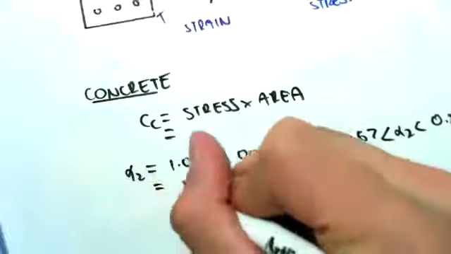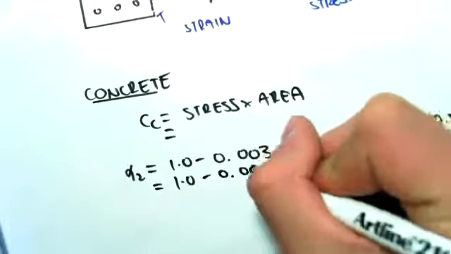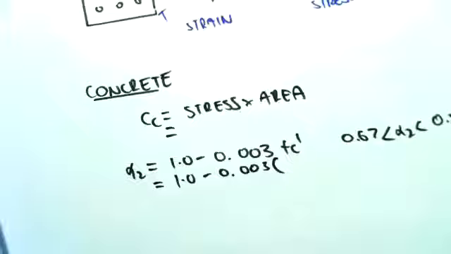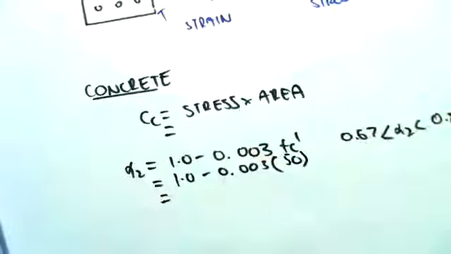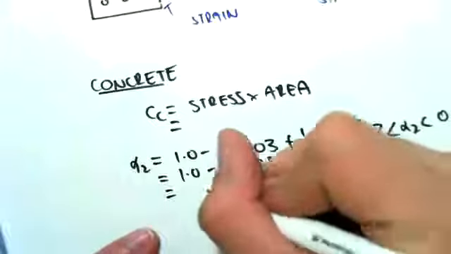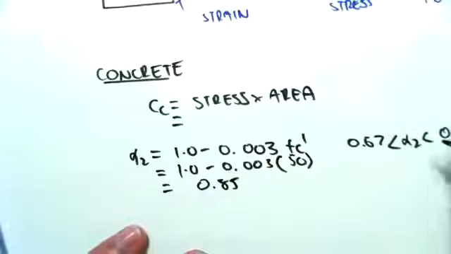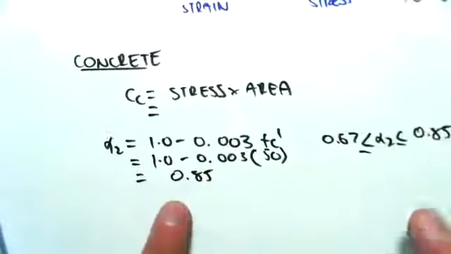Our fc dash, we said in the first video, is 50 MPa. If you work this out, you would find alpha 2 equals 0.85, which is within our range. That's fine.